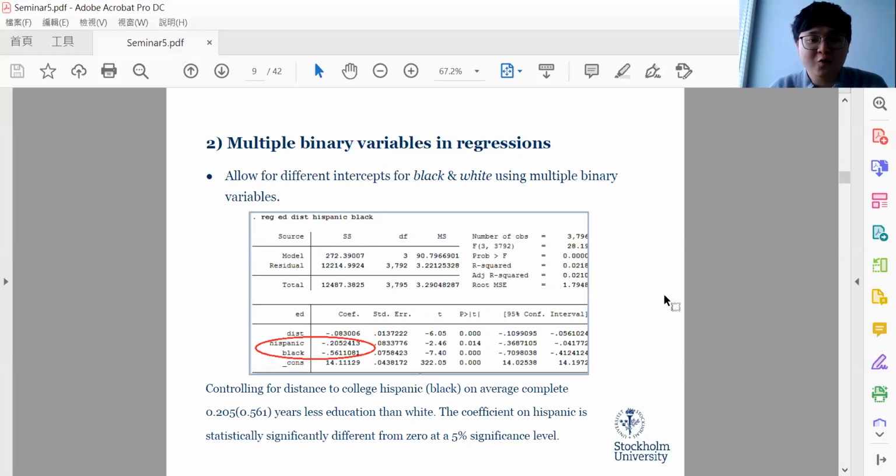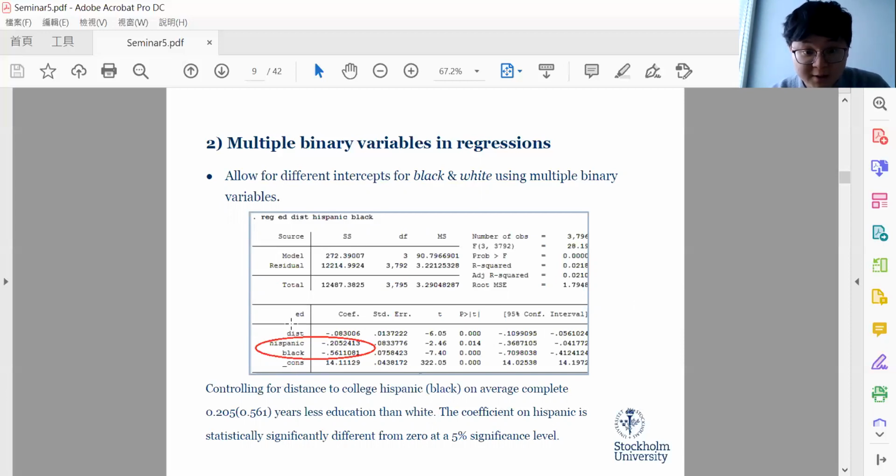So you just create more binary variables. You put in Hispanic and black, and you can see that compared to white people, the group that does not appear in the regression is the comparison group.